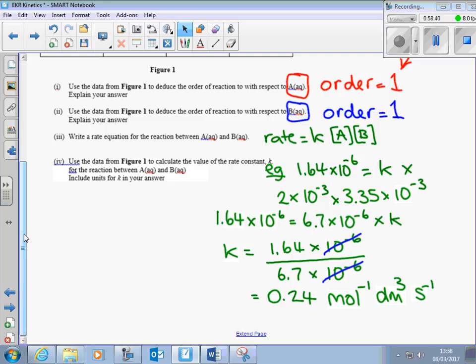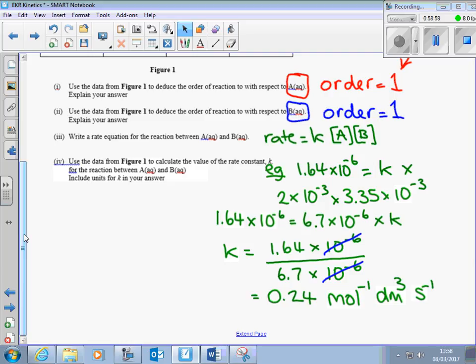Actually, you have got 3 columns the same, haven't you?